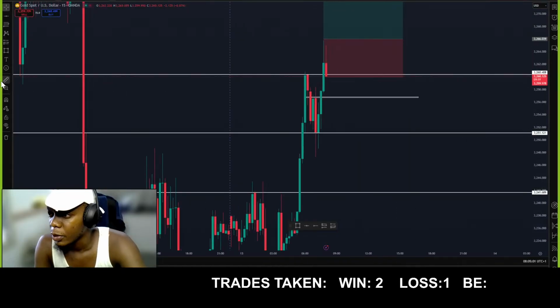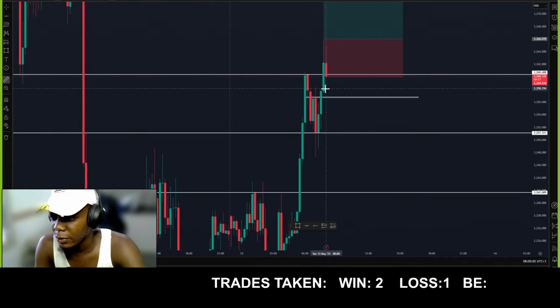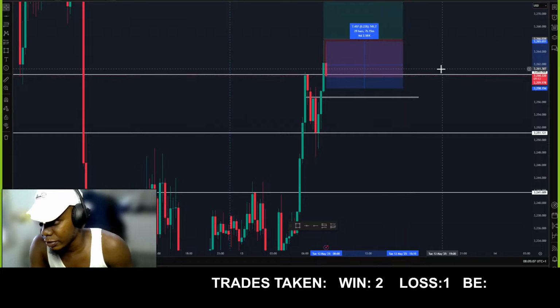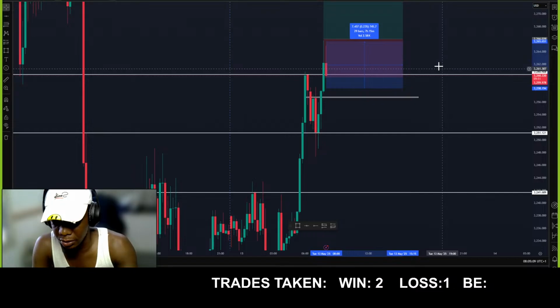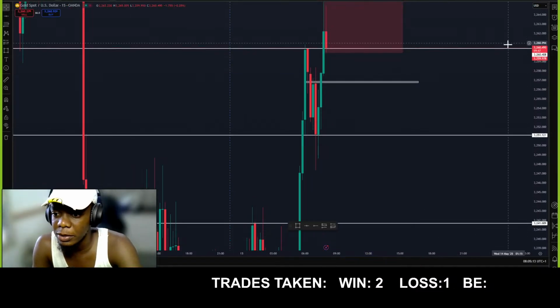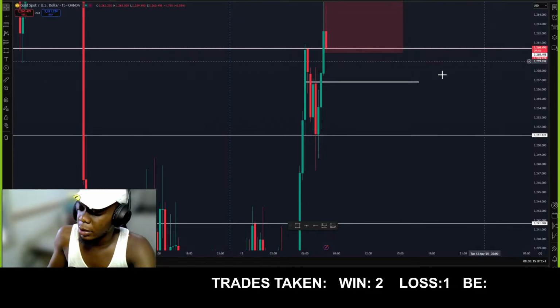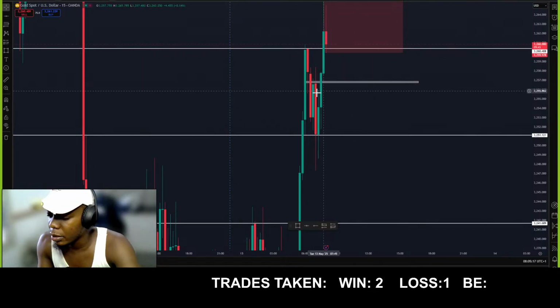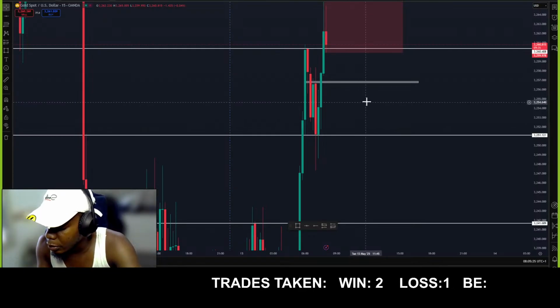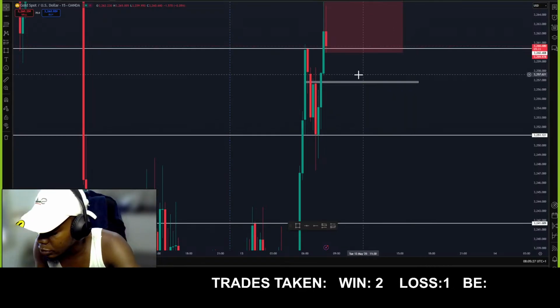I can see that from this place I was looking to enter from before, price moved 75 pips from the initial place I was looking to enter, which is crazy. But the other reason why I didn't even bother about it is because this candle never came down, so I never did the proper retest I wanted. So assuming I saw that bearish momentum, that bearish retest, then I would have most likely placed a trade.